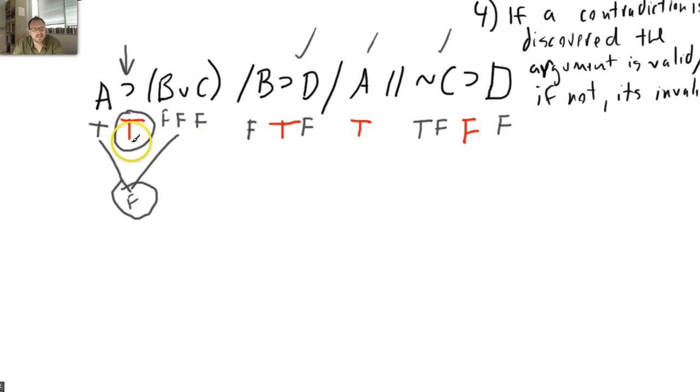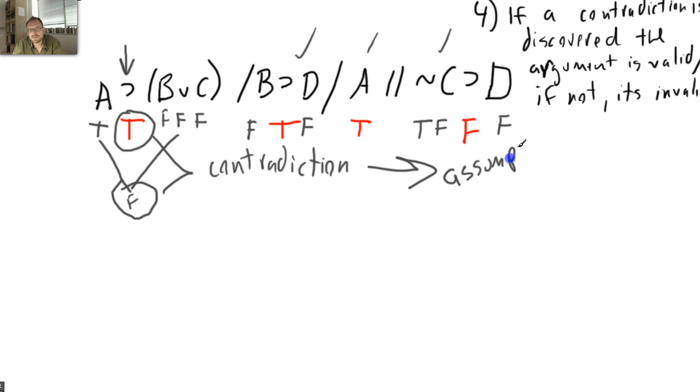Do you see that? Because it needs to be true for my assumption, but of course my assumption required me to also say it's false. They can't both be the same, which means that this is a contradiction. Because I've discovered a contradiction, then that means my assumption fails, and the argument is valid.